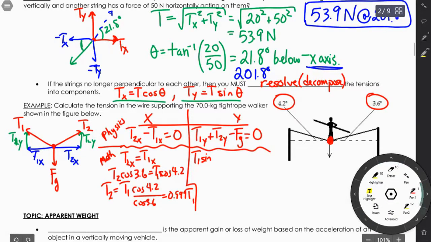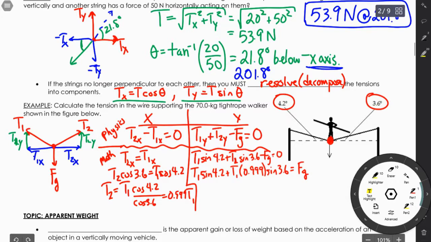So T1 sine 4.2 plus T2 sine 3.6 minus FG equals 0, okay? And so now I know T2 in terms of T1. So T1 sine 4.2 plus T1 times 0.999 sine 3.6. And I'm going to add that weight over, okay?